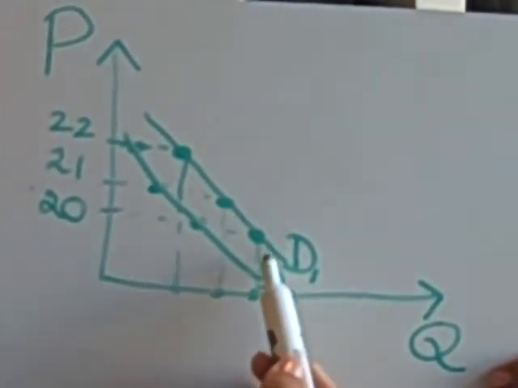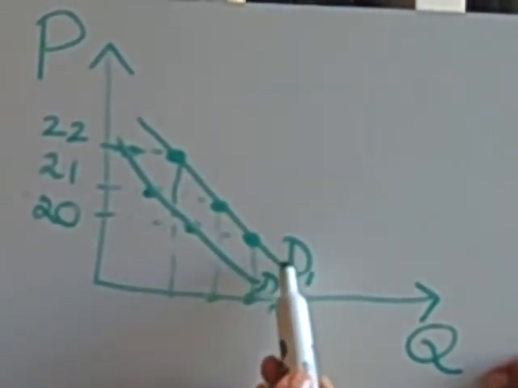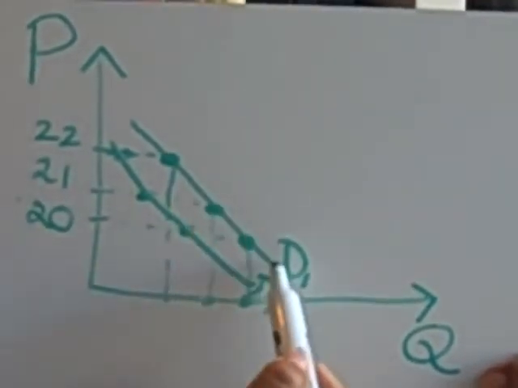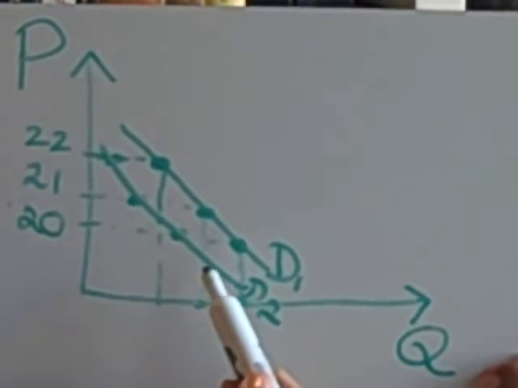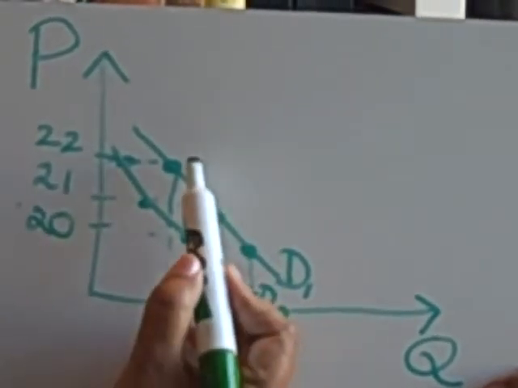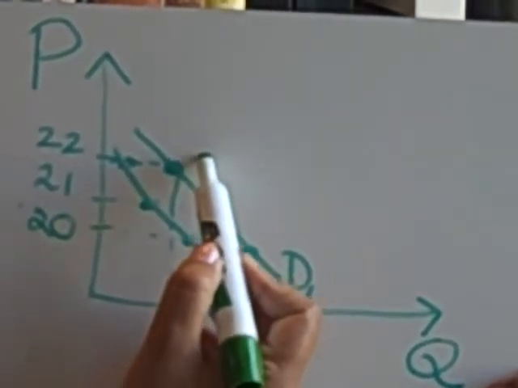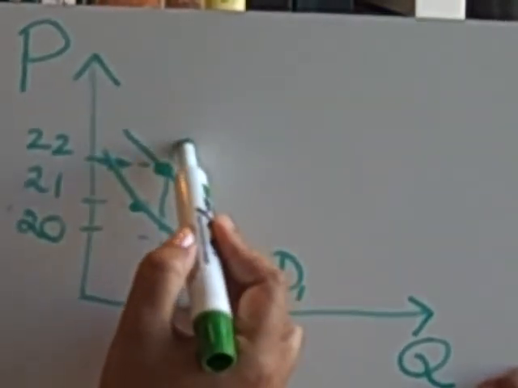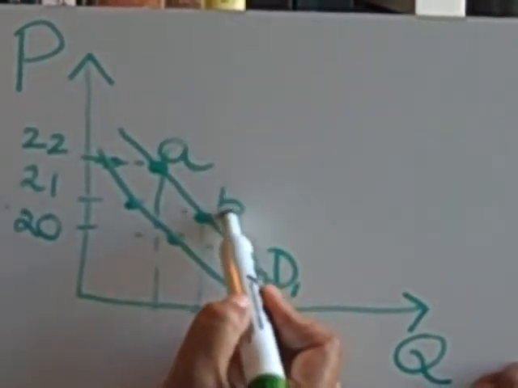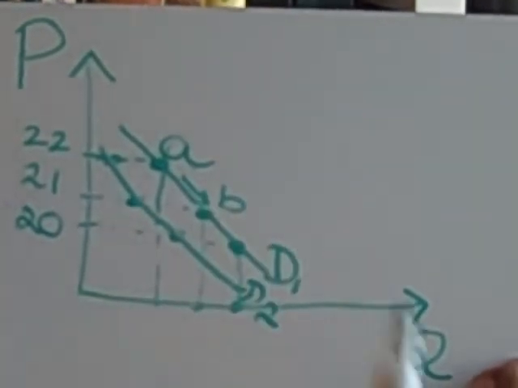Okay. In the language of economics, there is a change in demand now. So the shift of the demand curve is referred to by economists as change in demand. Quantity demanded is when, let's say, we move from this point, which is point A, to point B along the same demand curve.